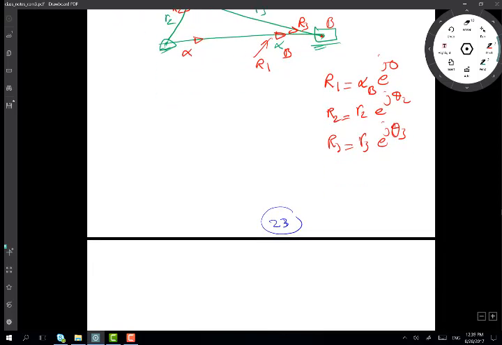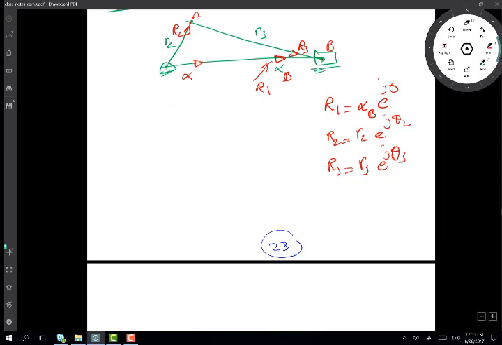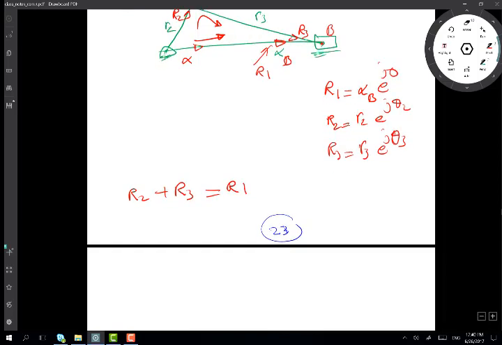My loop closure equation is simply R2 plus R3 equal to R1. In polar form, that is R2 e to the j theta 2 plus R3 e to the j theta 3 equal to R1, which is XB e to the j 0.